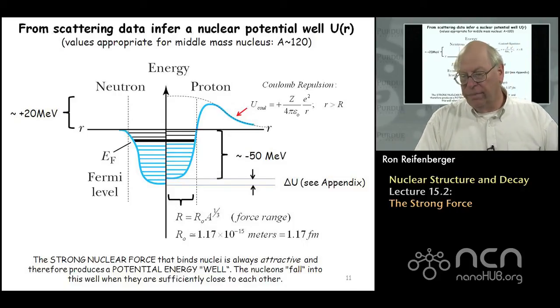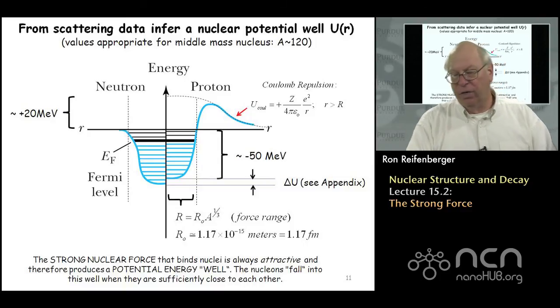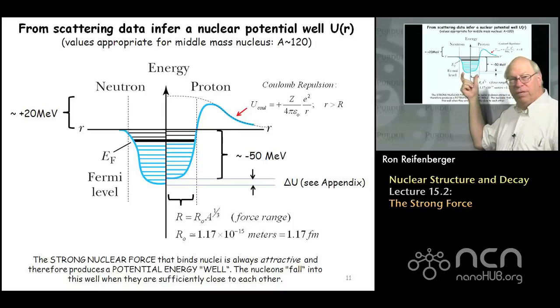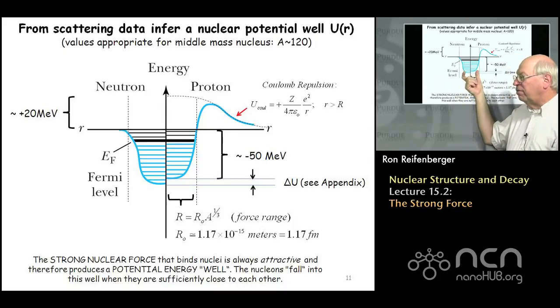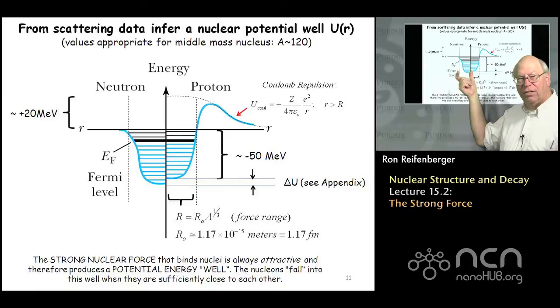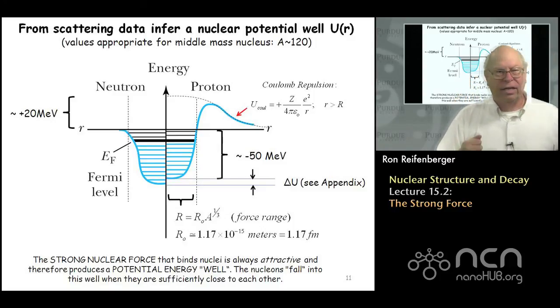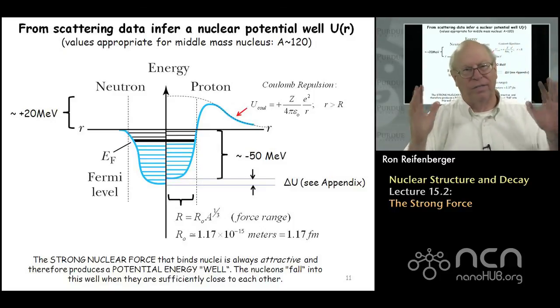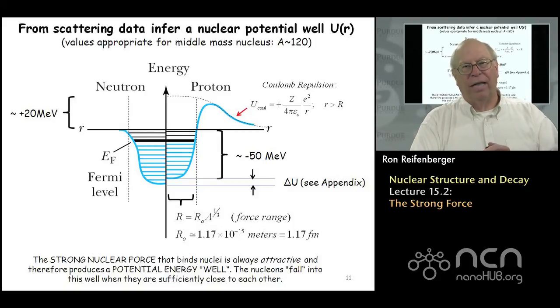But the important point to take away from this lecture is that this strong nuclear force that acts between nucleons produces a potential well, and when you start to fill this potential well with either protons or neutrons, there are allowed energy states that come about. These allowed energy states are very similar to the allowed energy states for electrons when electrons are confined to, let's say, a hydrogen atom.